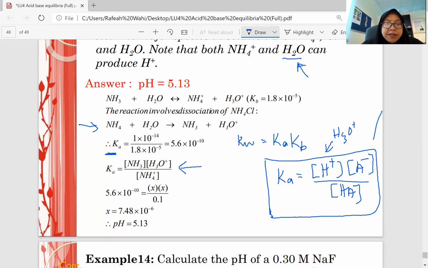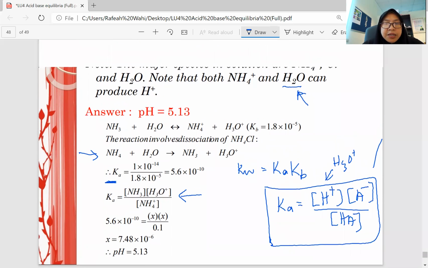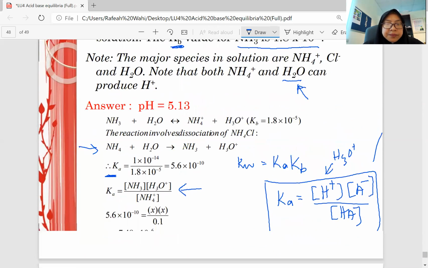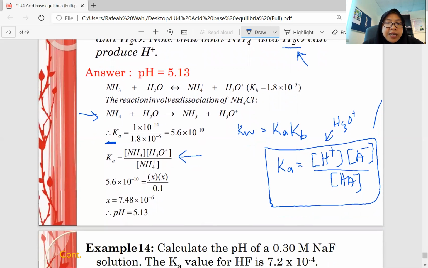You already have Ka and you already have the concentration of ammonium from the question, which is 0.1 molar. And you need to find X. From X here, you can get the pH. What is X? X here is the concentration of, again, the hydronium ion, and the concentration of the conjugate base.